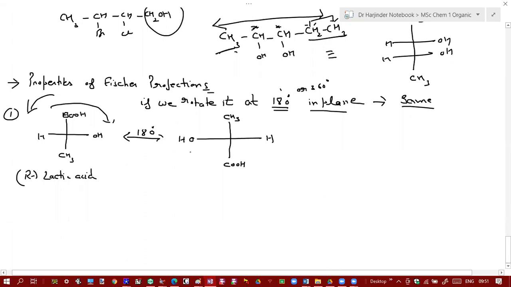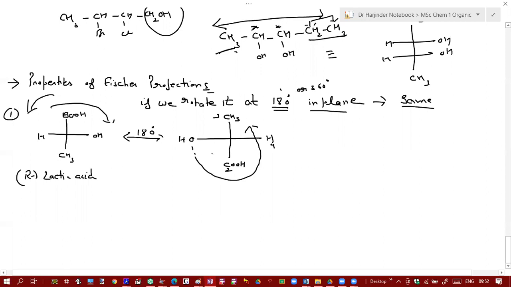Now if you check, if you know how to write configuration R and S, this will again be R lactic acid. This oxygen will get first number, then second, third and fourth. When you see it, is the rotation clockwise or anti-clockwise?